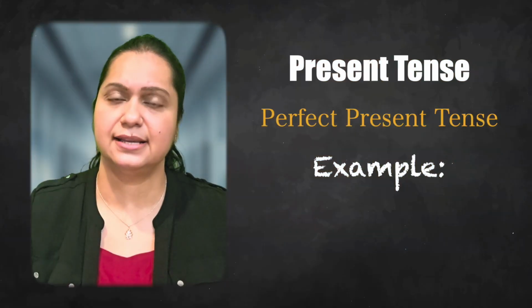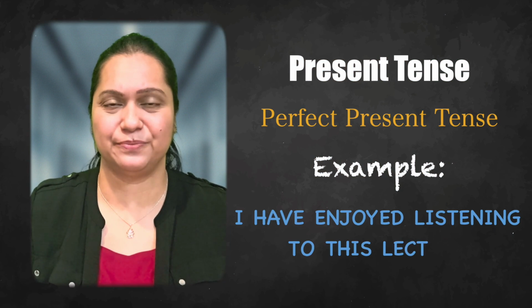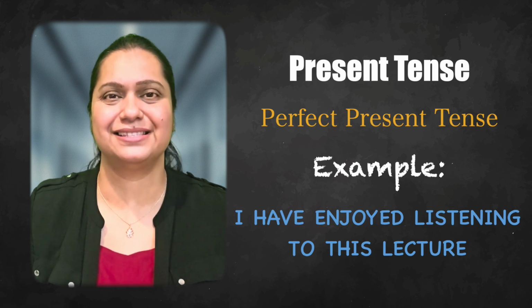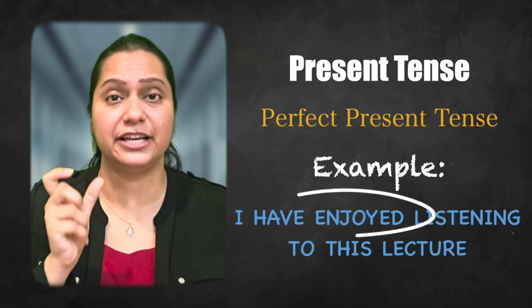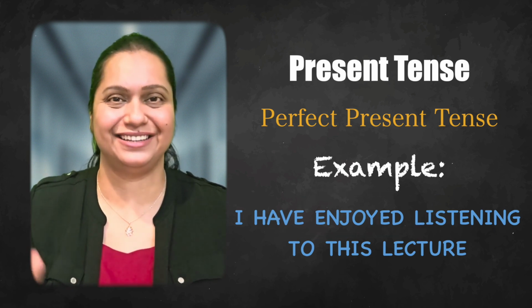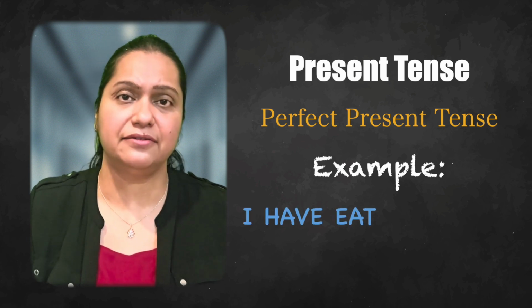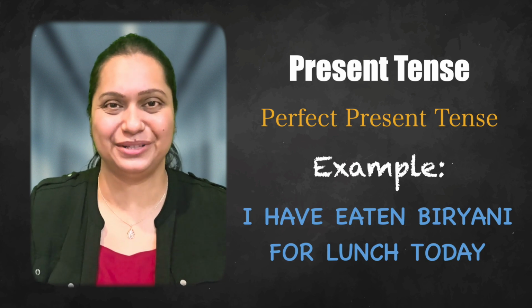For instance, I have enjoyed listening to this lecture. If you just finish listening to a lecture or a podcast, you can say I have and then follow it up with the third form, enjoyed listening. Okay? Or for that matter, I have eaten biryani for lunch today.